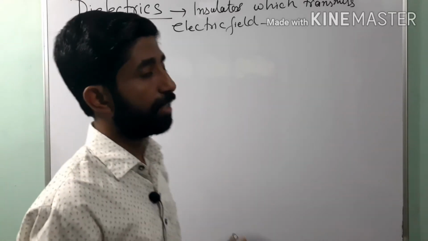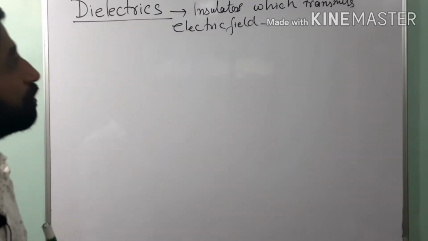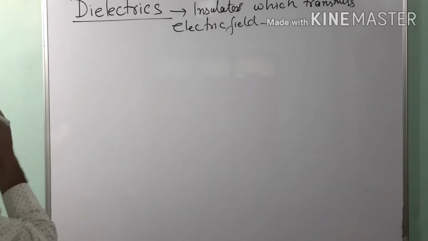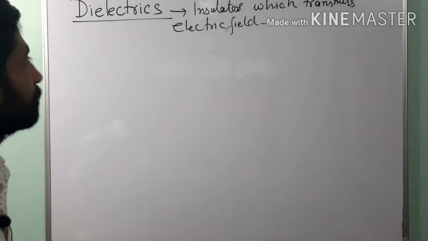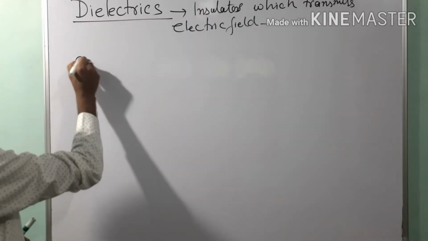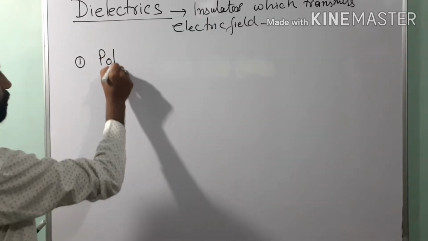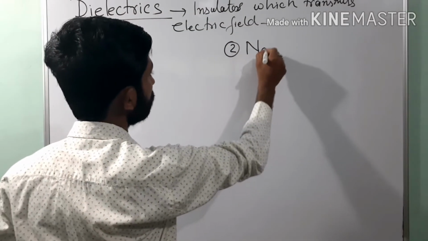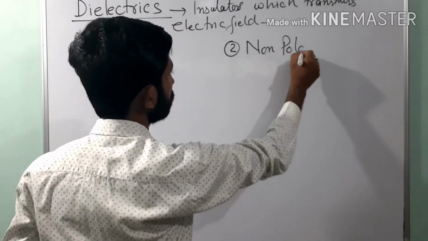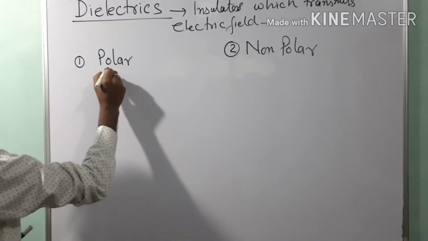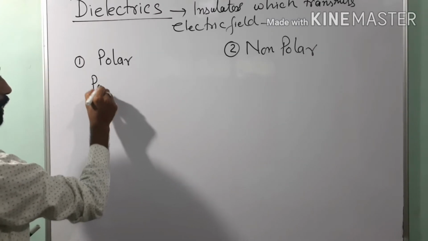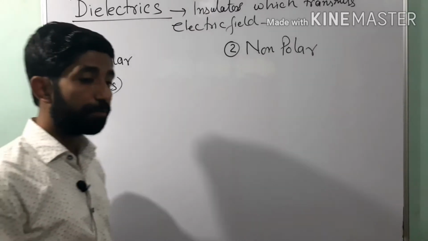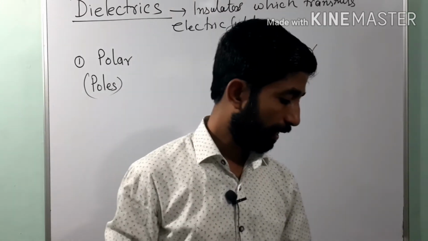So let's go a little deeper into dielectrics. Generally, dielectrics are of two types: one is called polar dielectrics and the other is non-polar. The word polar comes from poles. You know what poles are? Negative pole, positive pole, or cathode, anode.